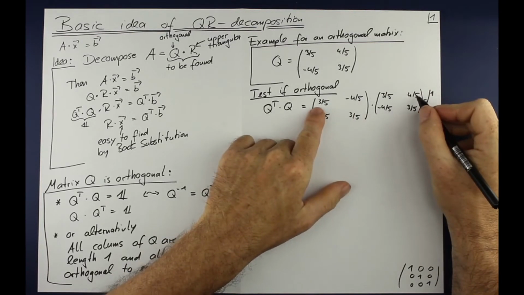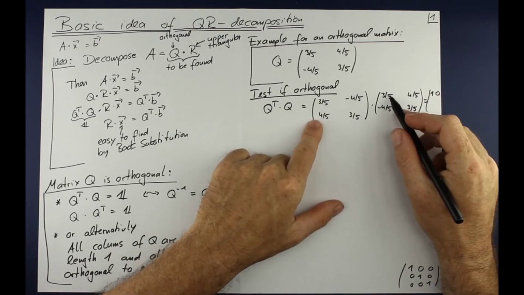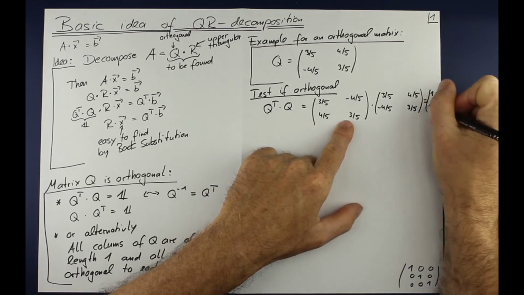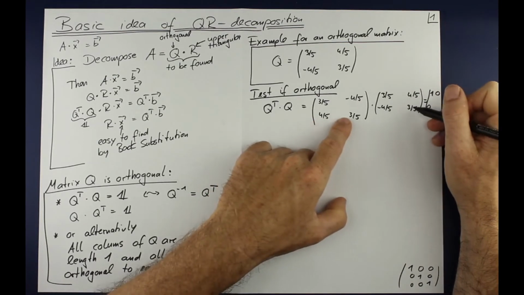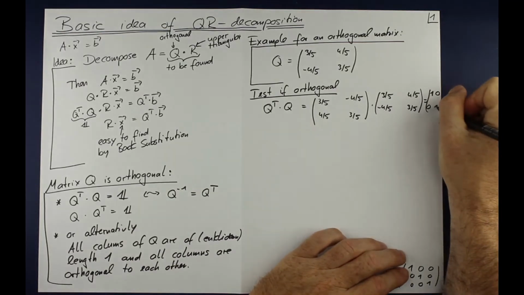Here we have 12 over 25 minus 12 over 25, so it's 0. 12 divided by 25 minus 12 divided by 25. And 16 divided by 25 plus 9 divided by 25, which is 25 divided by 25, which is 1.